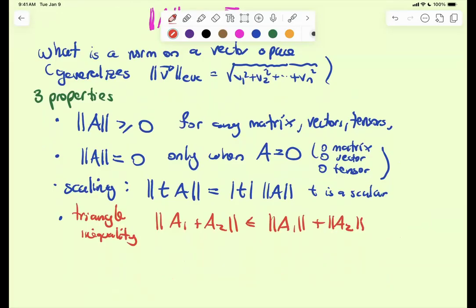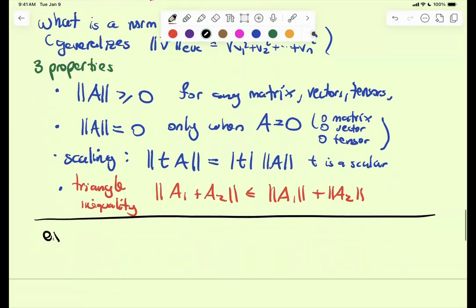Let's give you some examples in Rn, for vectors. Some examples include the L1 norm, which is similar to this one with the sum of the singular values. So here are some examples on Rn.